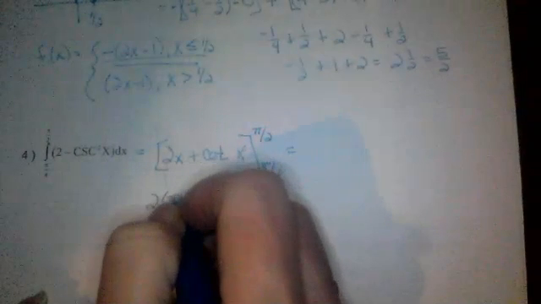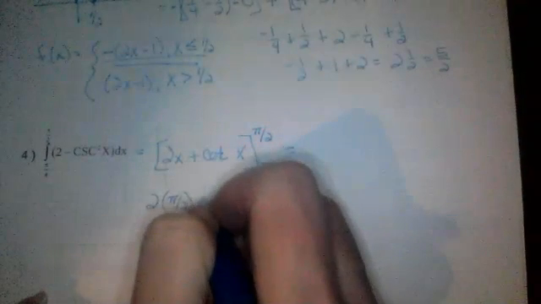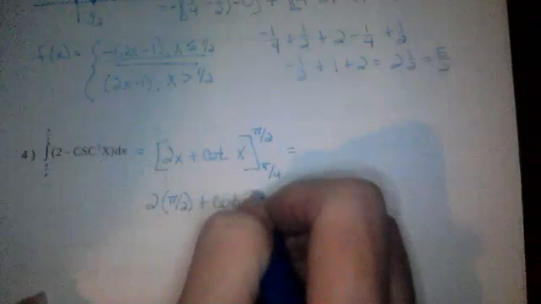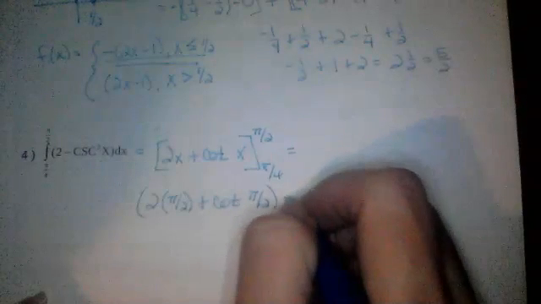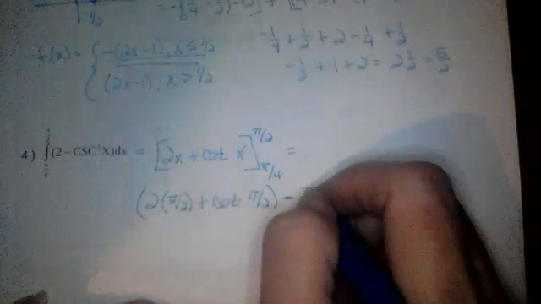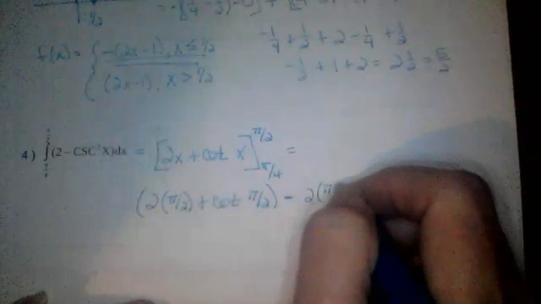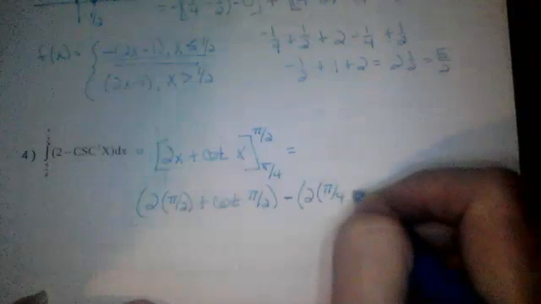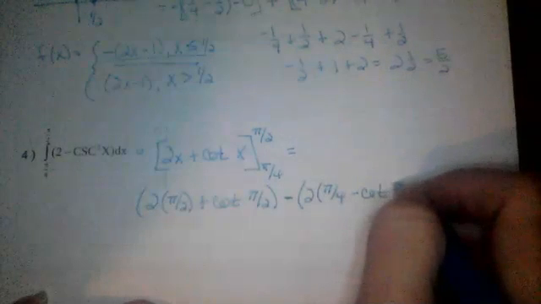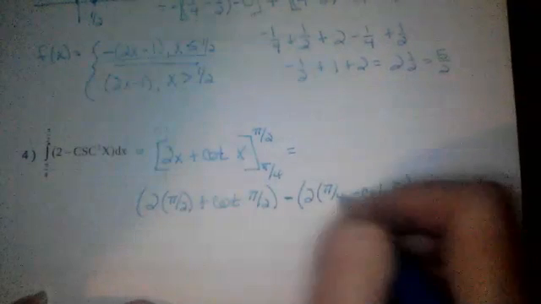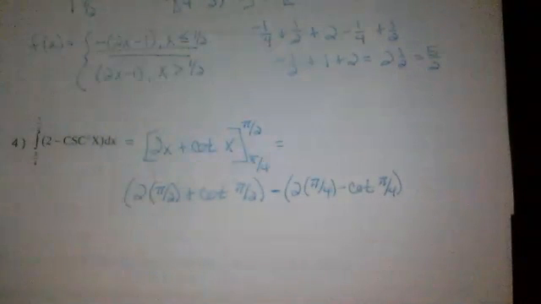So we get 2 times pi halves plus cotangent of pi halves, minus, and then we plug in pi fourths: 2 times pi fourths minus cotangent of pi fourths. All right.